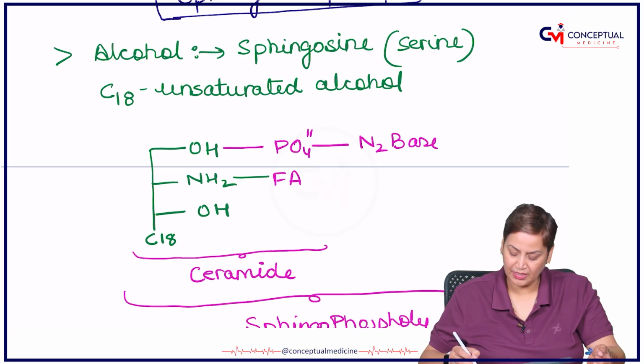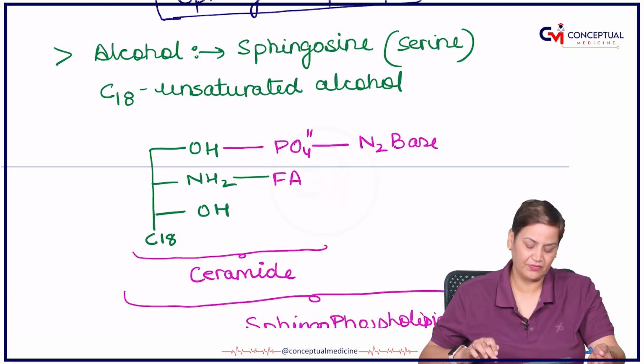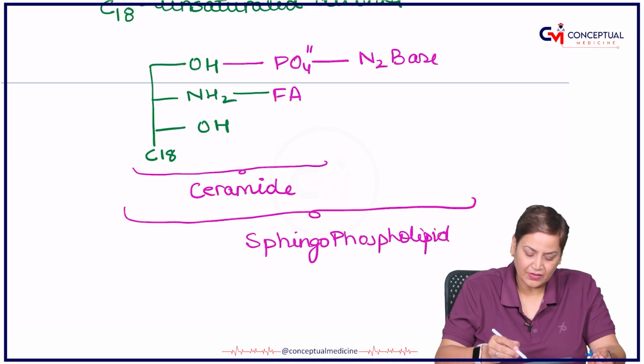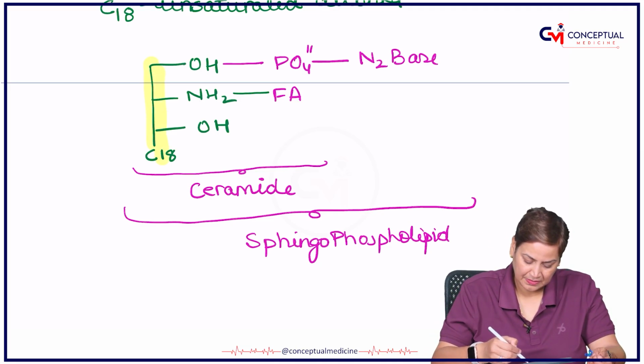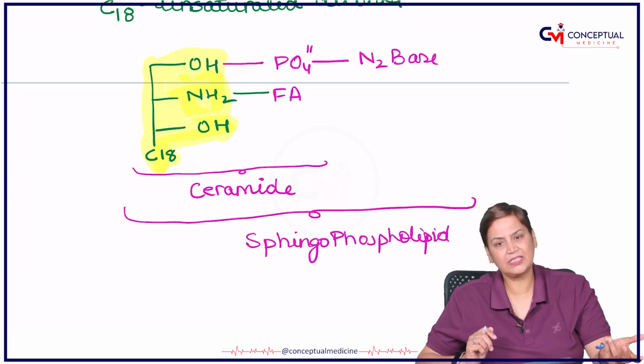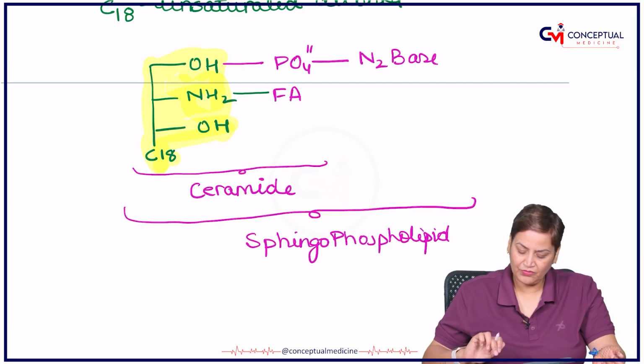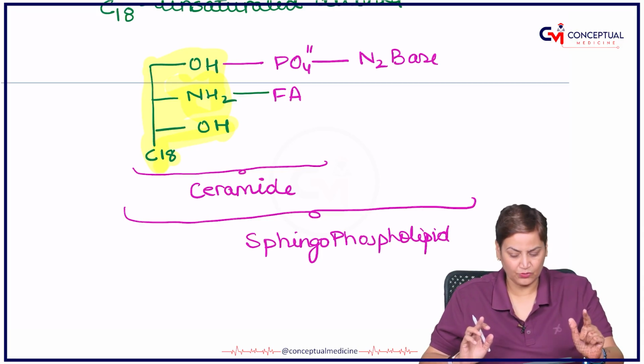So have you understood the difference? Here the alcohol is different, and this green color is the structure of sphingosine, which is totally different from glycerol, right? So we call it sphingophospholipid.